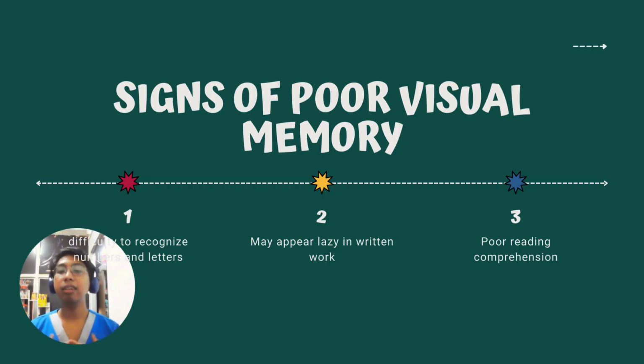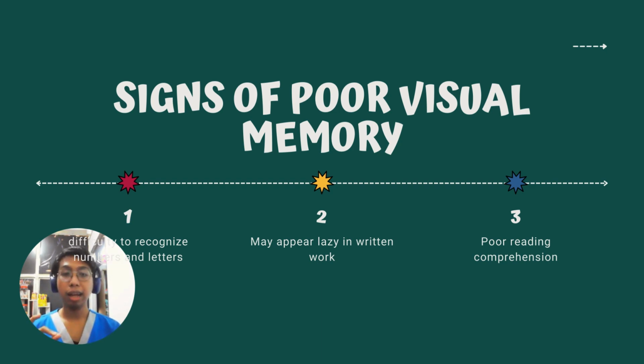What about signs of poor visual memory? I think this is the most important thing that I want to talk about, because if you don't know that your child is having poor visual memory, it could affect them in terms of academic abilities or daily life routine. So the first sign is difficulty recognizing numbers and letters.